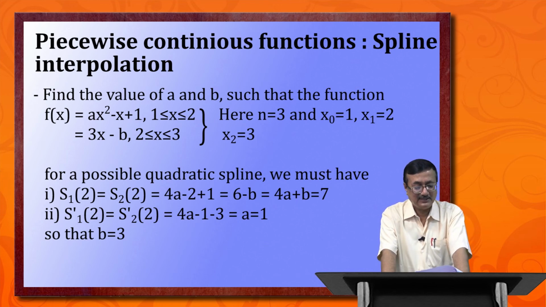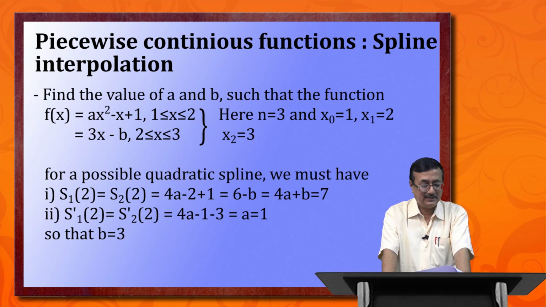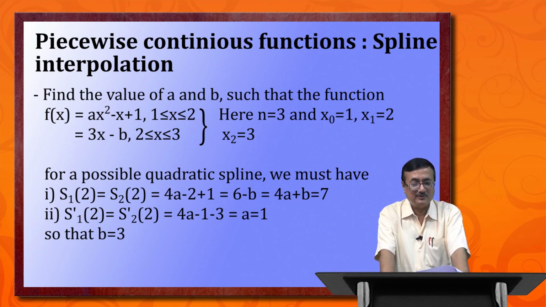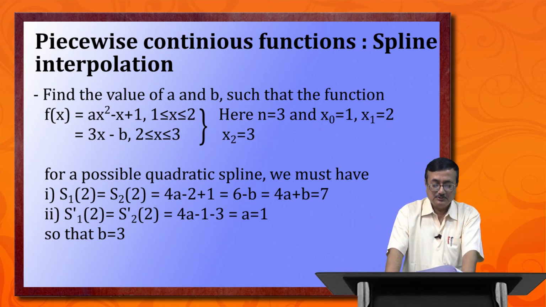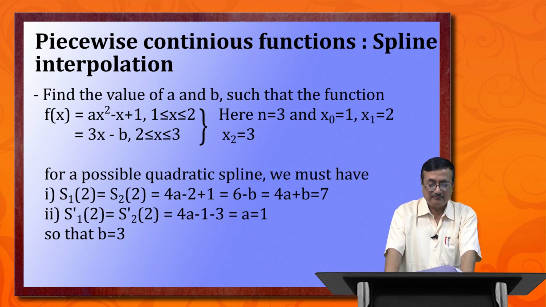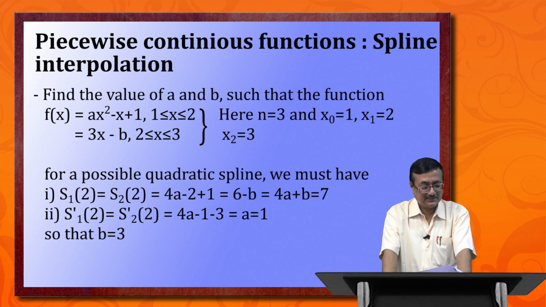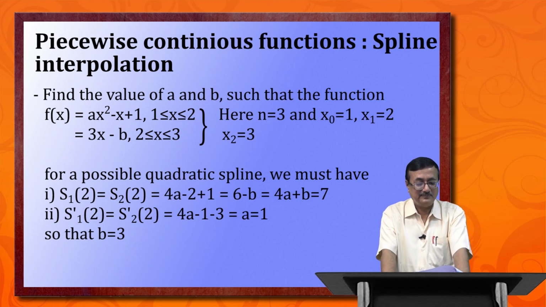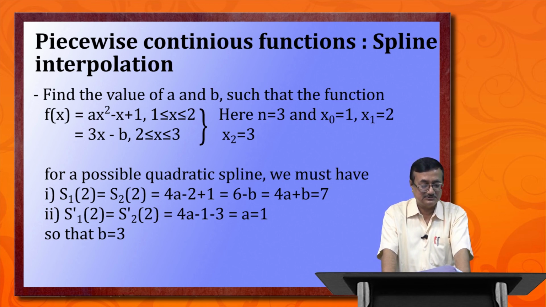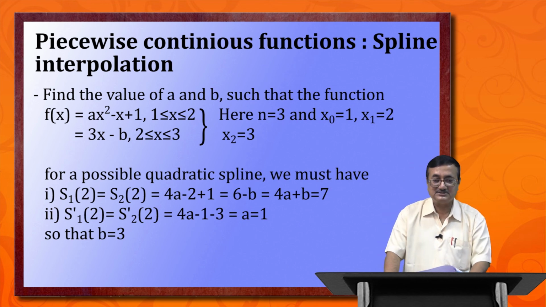For a quadratic spline, we must have S1 at x is equal to 2 equal to S2 at x is equal to 2, which gives an equation 4a plus b is equal to 7. The second condition, that is the derivative condition, S1 dash at x is equal to 2 and S2 dash at x is equal to 2, gives us the value a is equal to 1, so that b is equal to 3.